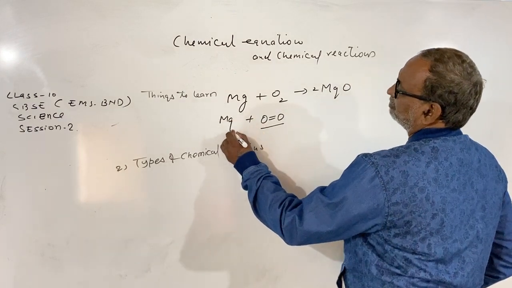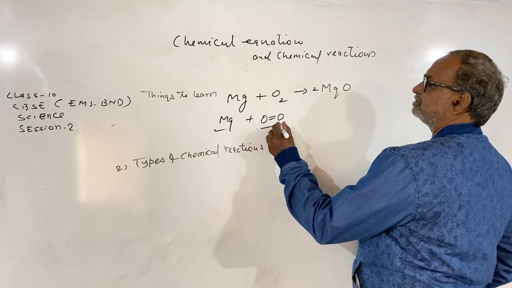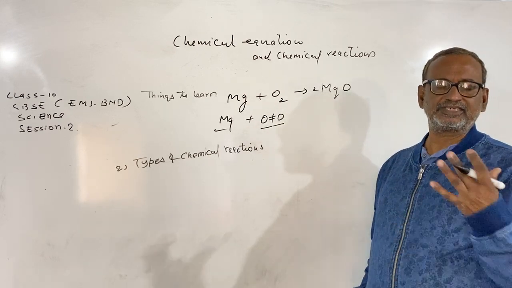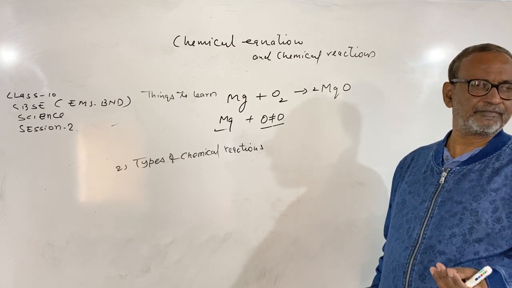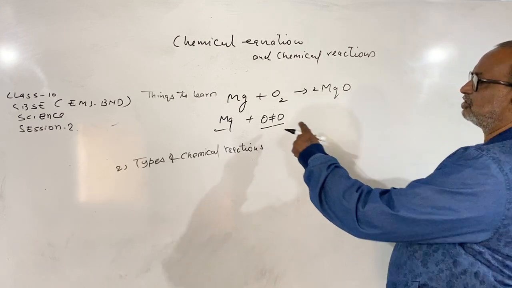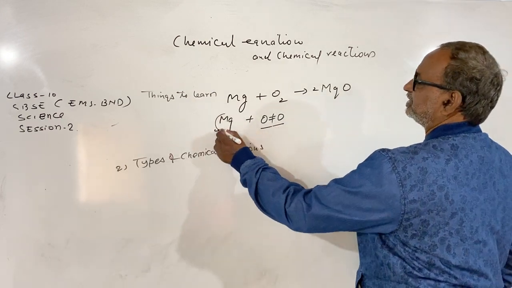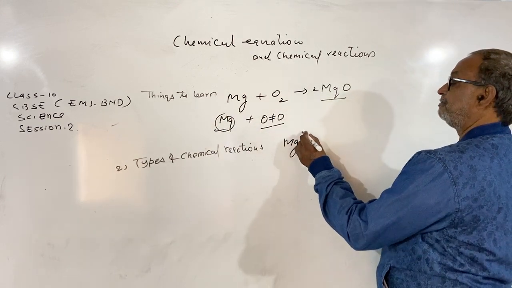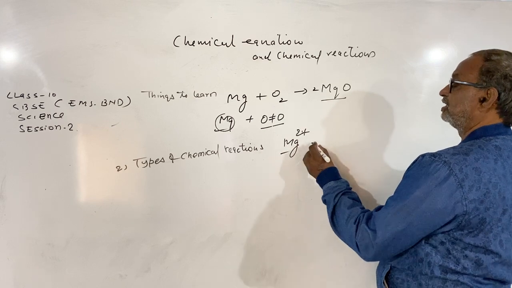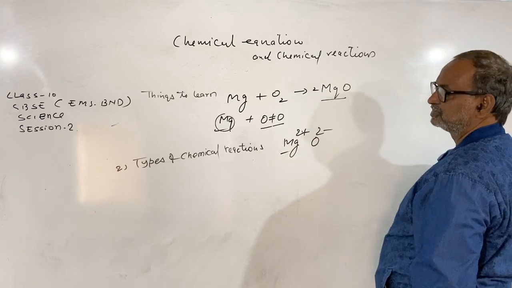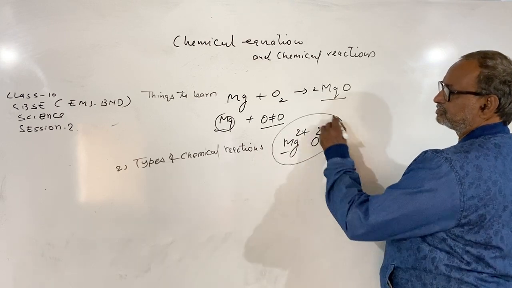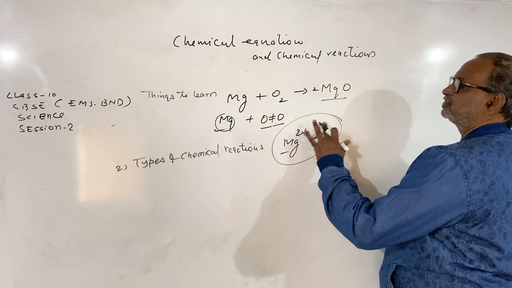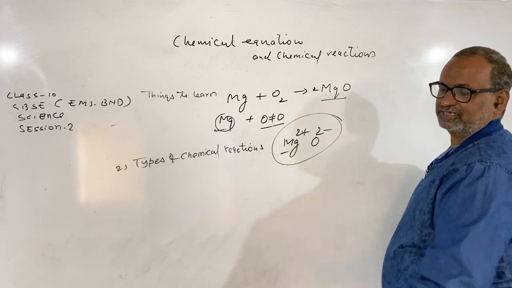So first of all, what happens? This old chemical bond is broken and oxygen atoms become free. After that, these oxygen atoms combine with magnesium to form magnesium oxide, which contains magnesium ions and oxide ions. So the covalent bond is broken and a new ionic bond is formed between magnesium and oxygen atoms.